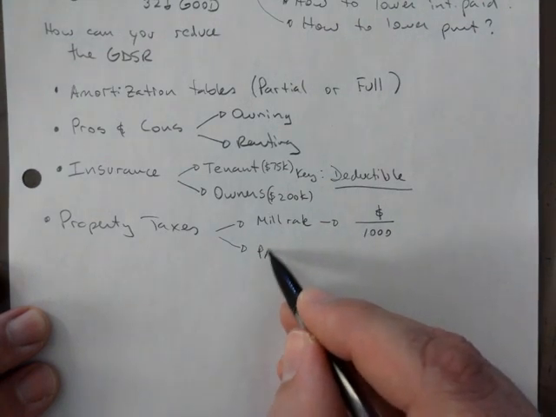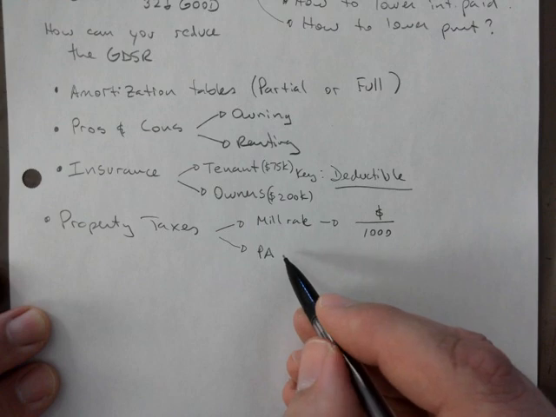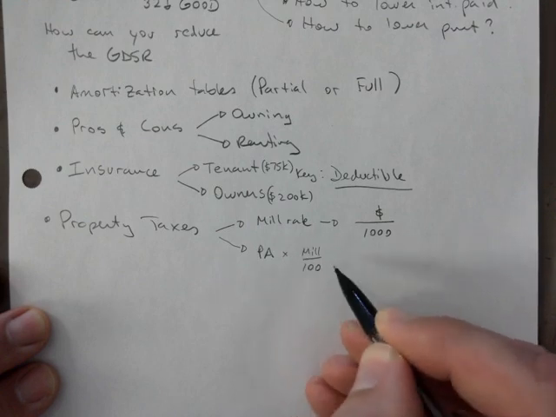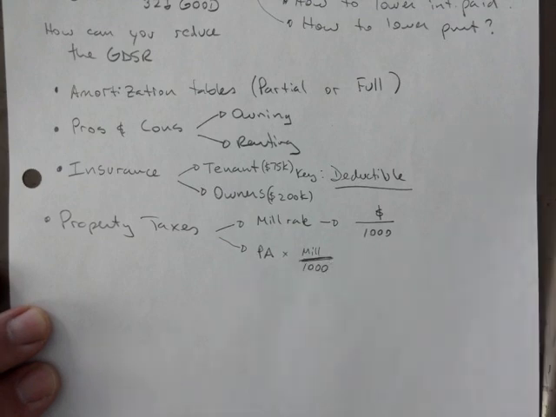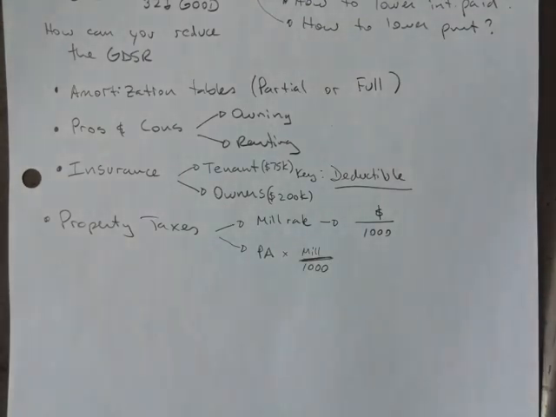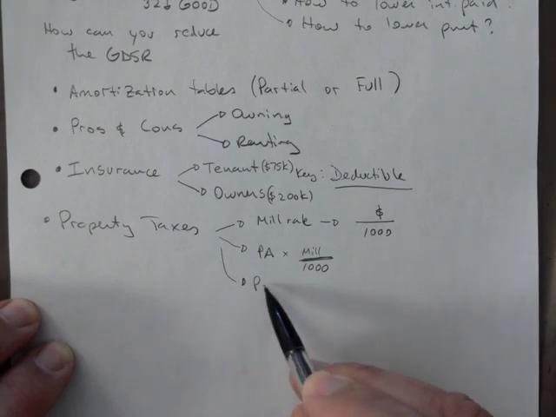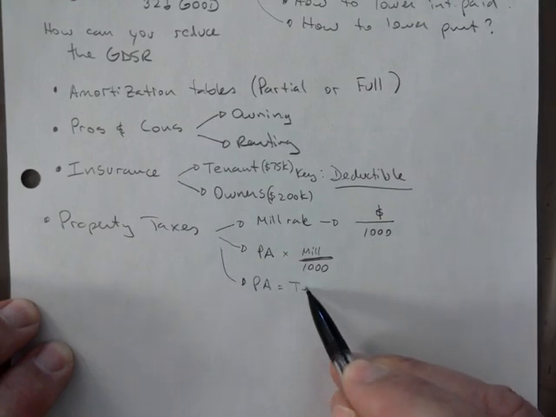We usually go PA, portioned assessment, times mill divided by 1,000. Portioned assessment is total value.